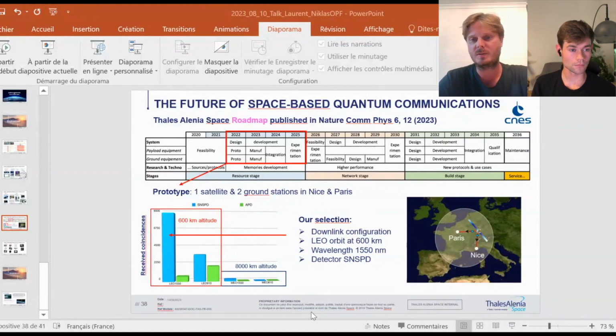And the main purpose of the paper was to compare many possibilities in terms of orbits, wavelengths, detectors, and so on. So that was the main purpose, to perform a system study to find the better choice to ensure the mission we target. And the mission we target is entanglement distribution from space to the ground.